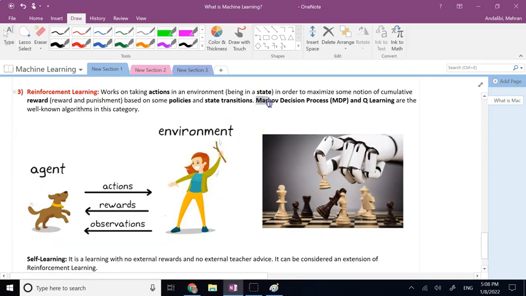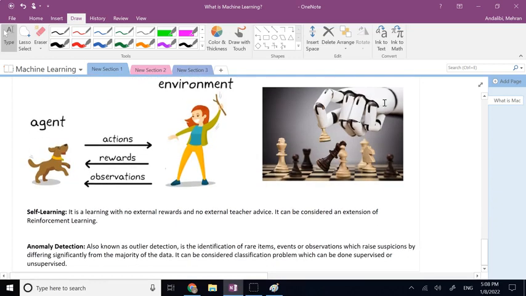There are two major categories of reinforcement learning. One of them is called Markov Decision Process, or MDP, and the other one is called Q-learning. These are two well-known categories. And again, each one needs its own video or several videos, so I cannot describe them in a few words.